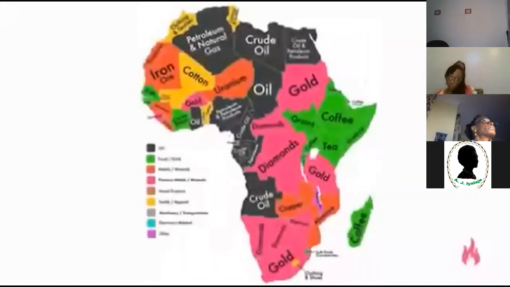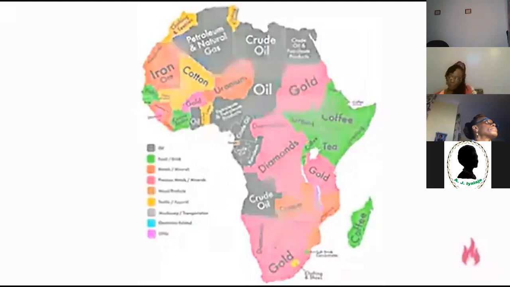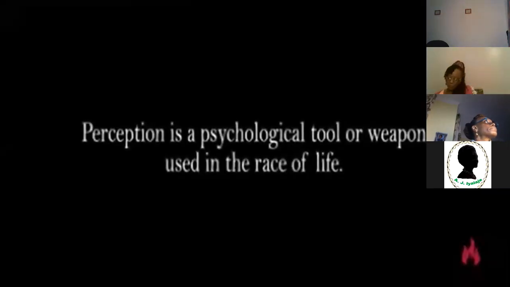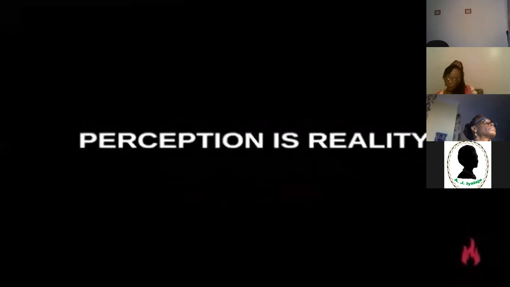The challenge for us in this manipulation is that it was designed to make us less competitive for their domination. Because the world is a competition for resources and we keep playing according to their rules. Perception therefore becomes a psychological tool or weapon that is used in the race of life. We say in brand management, perception is reality.